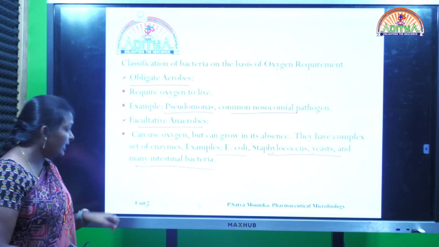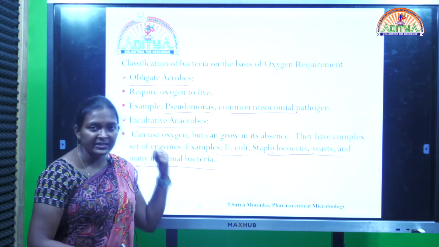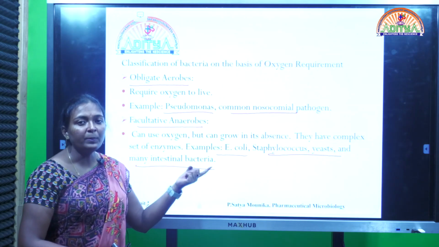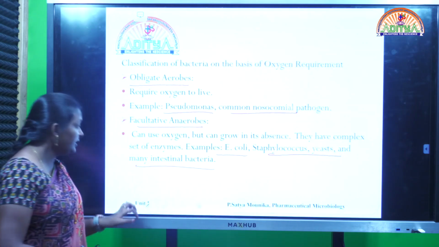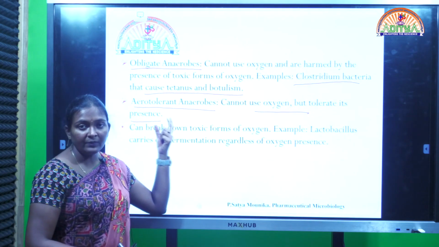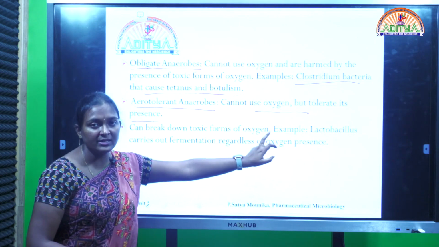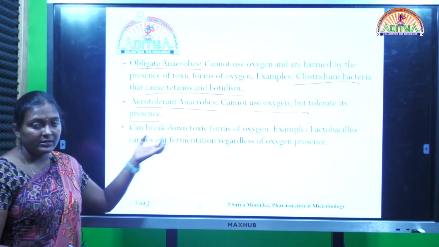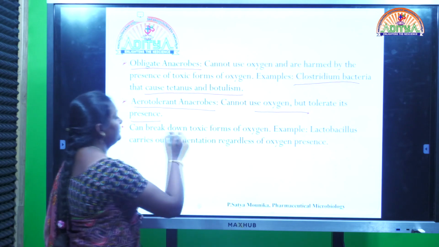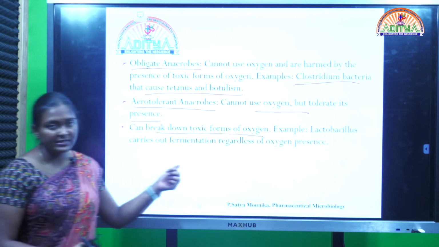You may think that is similar to the facultative anaerobes, but no. With facultative anaerobes, if oxygen is present, the bacteria are capable of utilizing it. But here, even if oxygen is present, the bacteria are not capable of using it. These are called aerotolerant anaerobes.